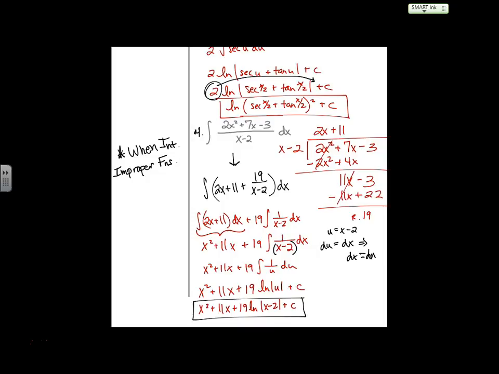When integrating improper functions, you must do long division first. You guys might have written this down below just because I was out of room. I went ahead and wanted it on this page and wrote it off to the side. But when integrating improper functions, you must do long division first. This one, there actually was a way to do it if you hadn't done long division, but as you guys noticed, it was messy. Some other ones are literally impossible without the long division, so just be careful, okay?